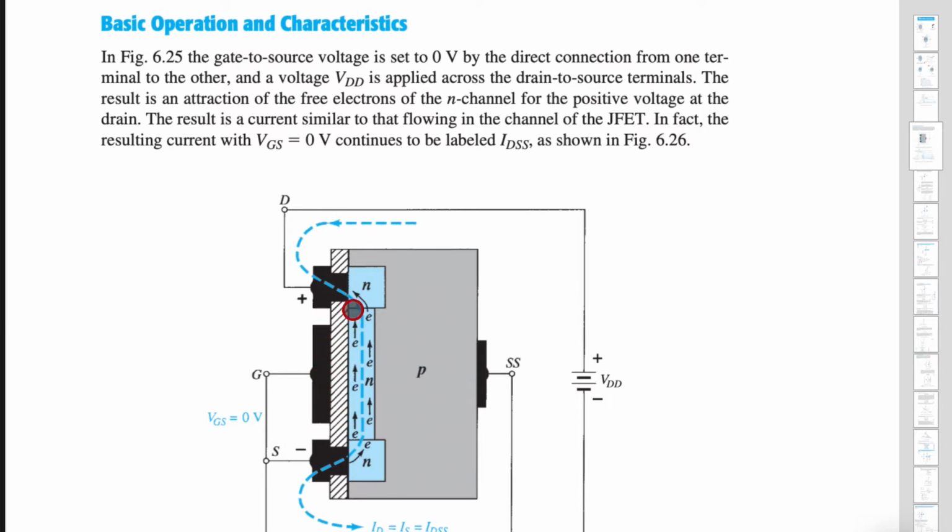So since electrons flow in upward direction, current ID, which is equal to IS, flows downwards, and that current becomes IDSS when VGS is 0. So whatever the current flows for VGS equal to 0 volt condition, that current we call it as IDSS.